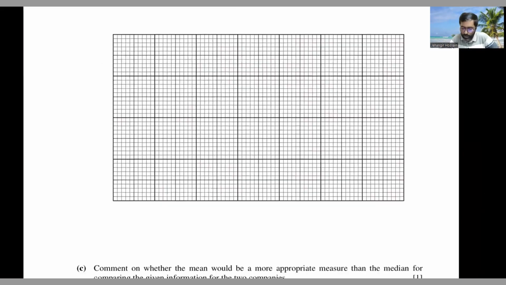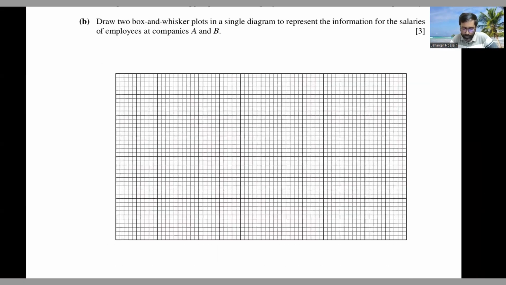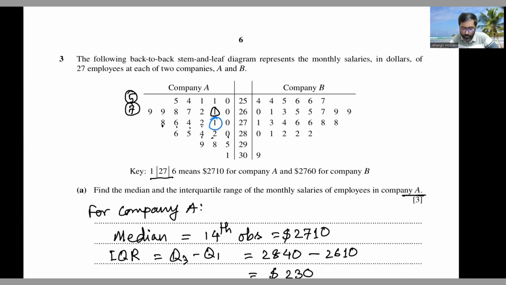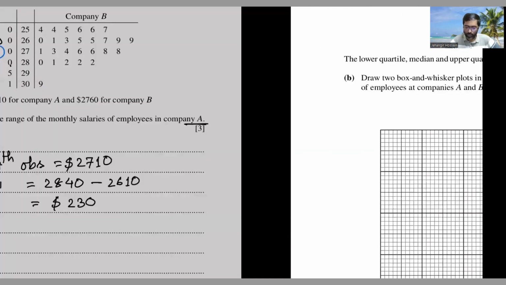And for this, we have to scale this graph first. You see the lowest value of salary for company A is 2500, and the highest one is 3010. And for company B, it is 3090. Let's say it's 3100. So we need to label from 2500 to 3100 on the axis.